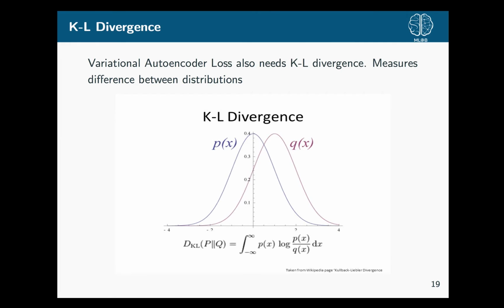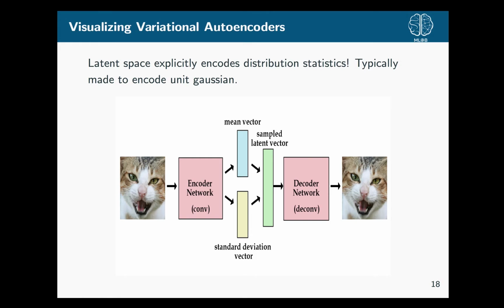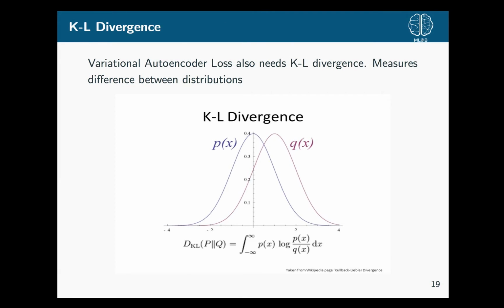So say you want these mean and standard deviations to be reminiscent of or tied to some other distribution, for example, a Gaussian. Then when you do the encoding and you do the loss, you simply check how different the encoded distribution is from your target distribution.